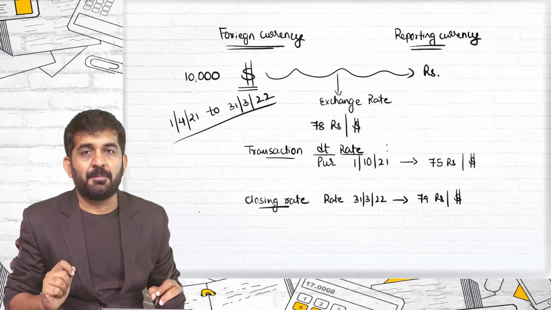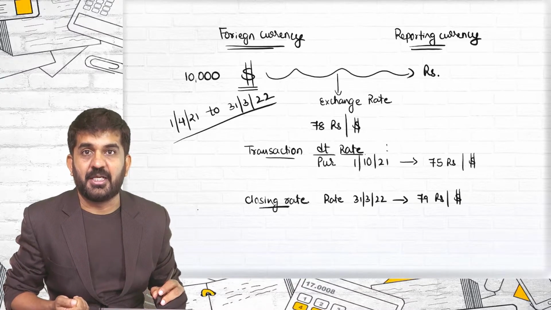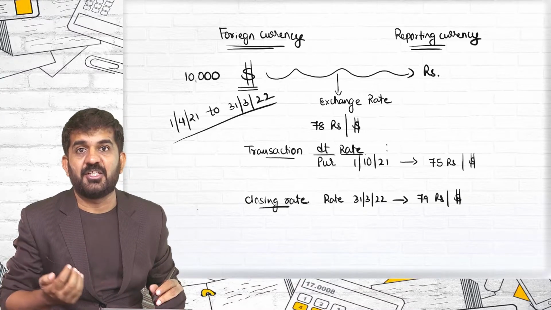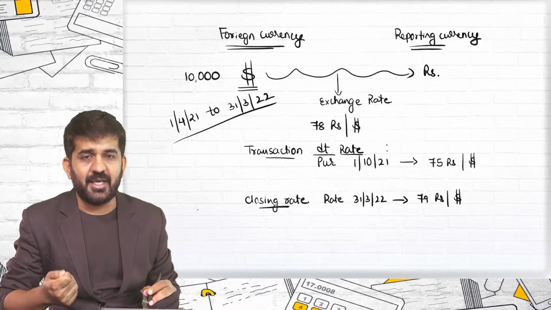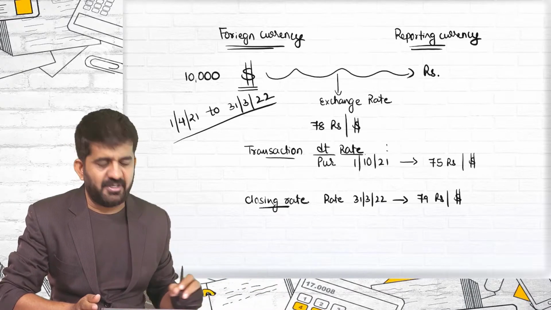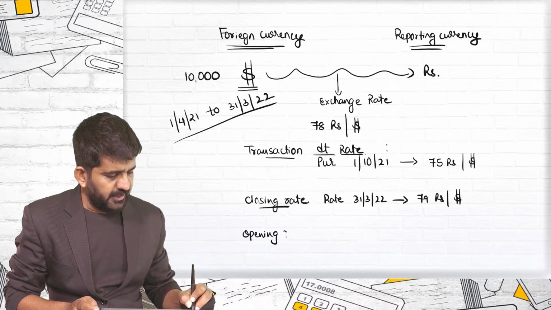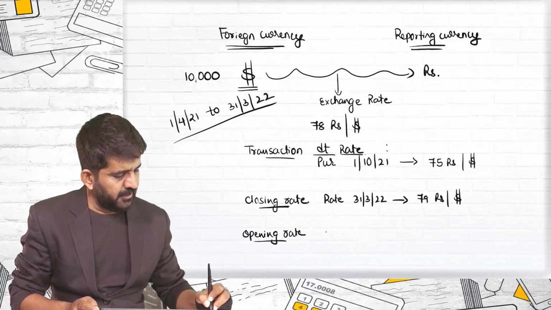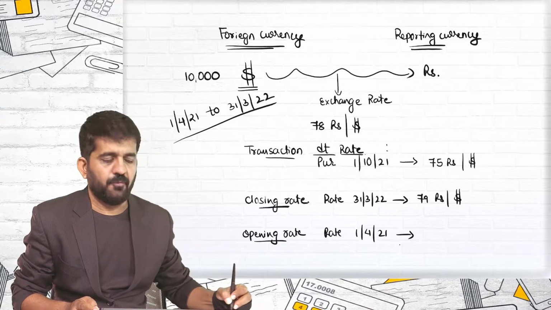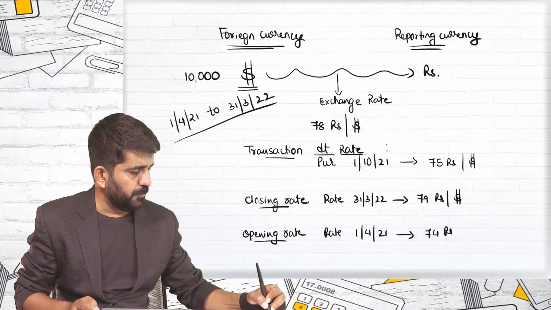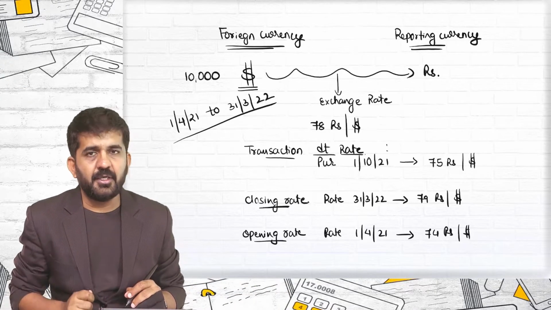It is important because we are preparing the balance sheet as on 31st March 2022, a consolidated balance sheet where we will have to incorporate the figures of the USA branch. Opening rate is the rate of dollar as on 1st April 2021. Say it was 74 rupees per dollar. Then the opening rate will be 74 rupees per dollar.